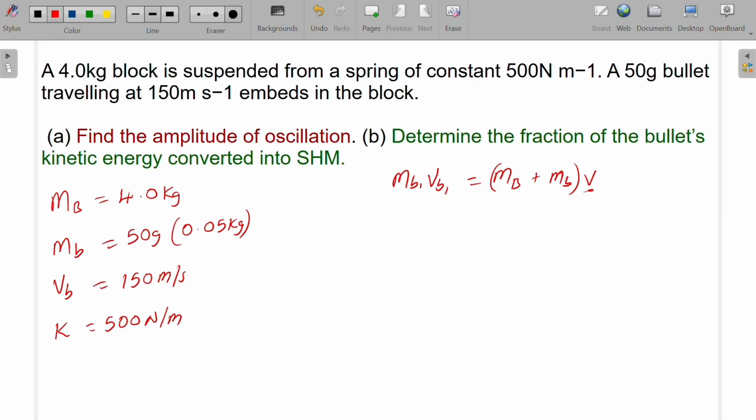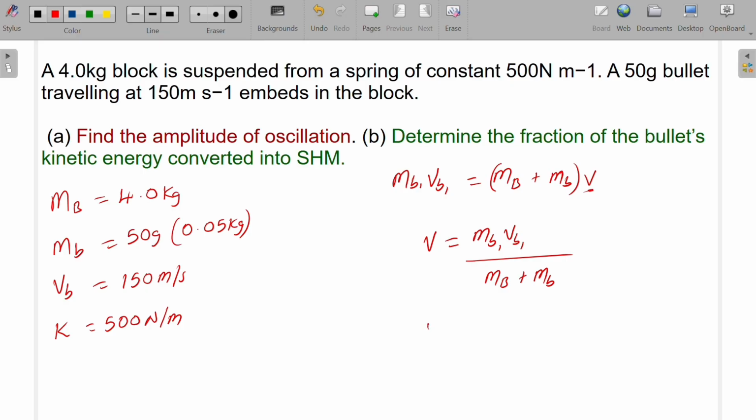Making this V the subject, what we'll get is our V will be equal to MB1 VB1 divided by MB added to MB, like that. So this is the formula that will help us find that speed.